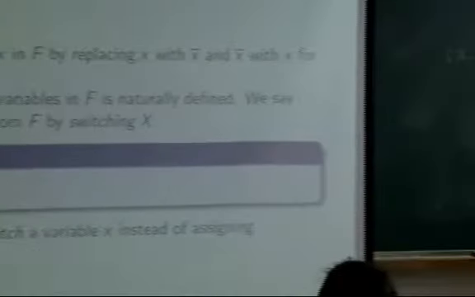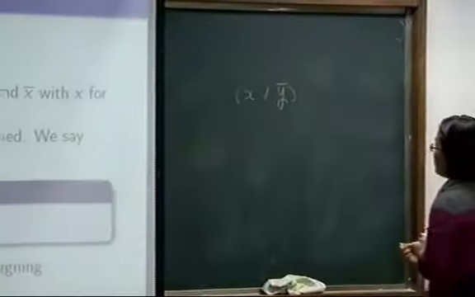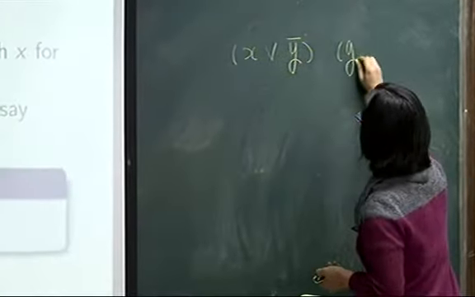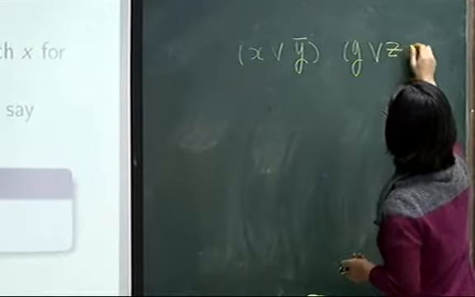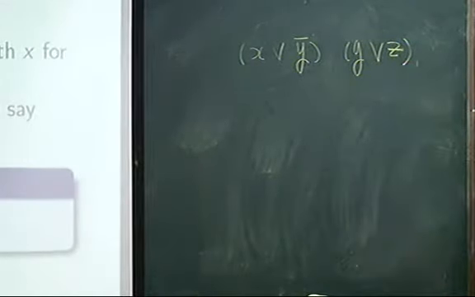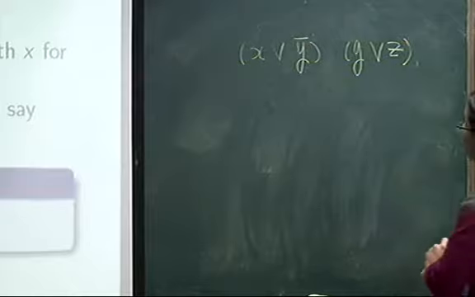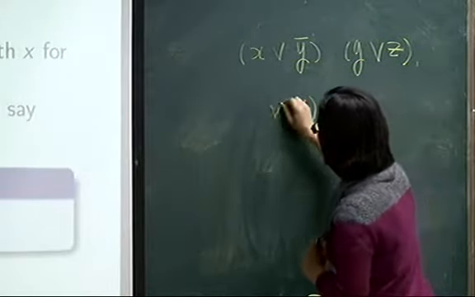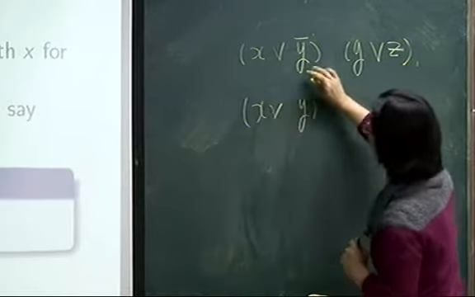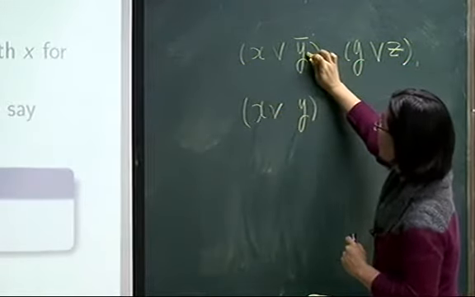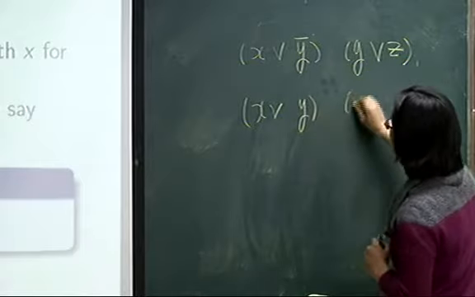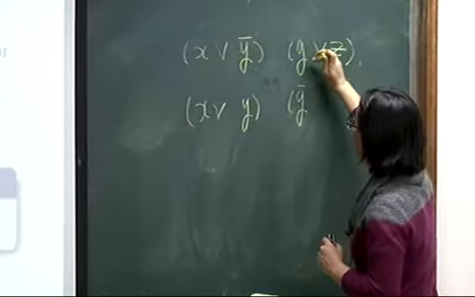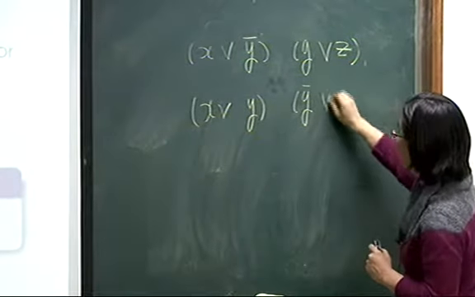So one thing we can use about the formula is that, suppose that we have a formula of this form. Then we can make an equivalent formula by replacing every occurrence of negation of y with y, and every occurrence of y with negation of y.